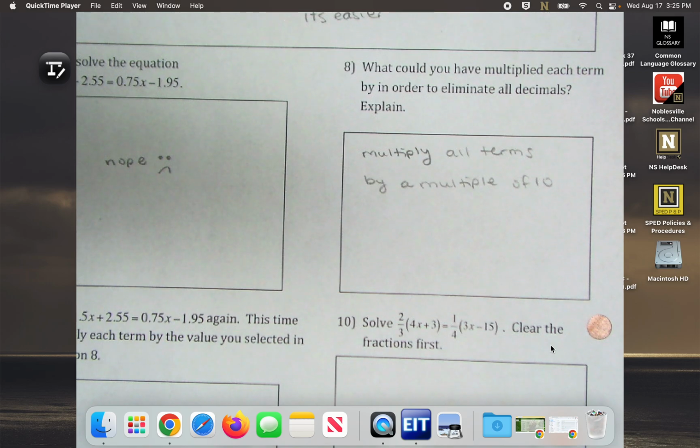If there were 3 decimal places, what would I multiply everything by? 1,000, right? Because I need it to shift 3 places.